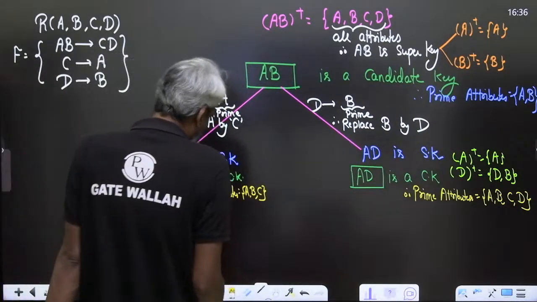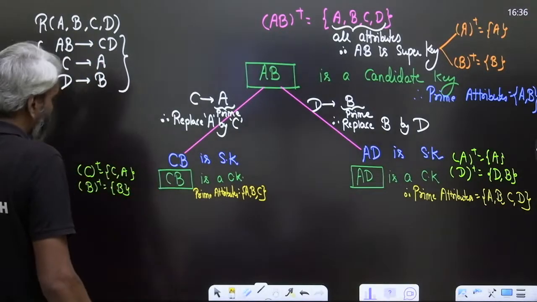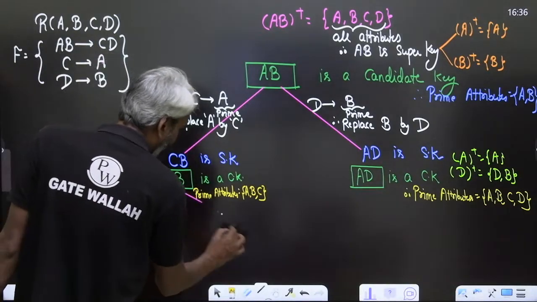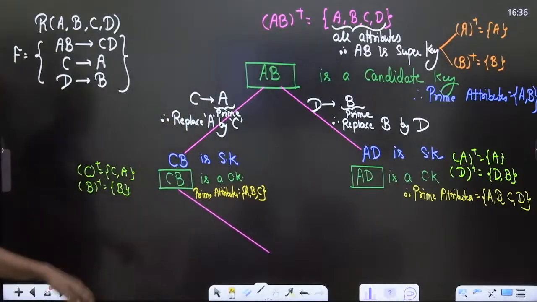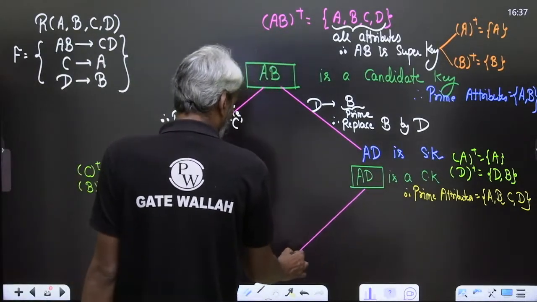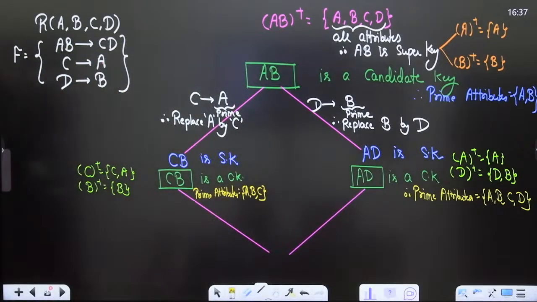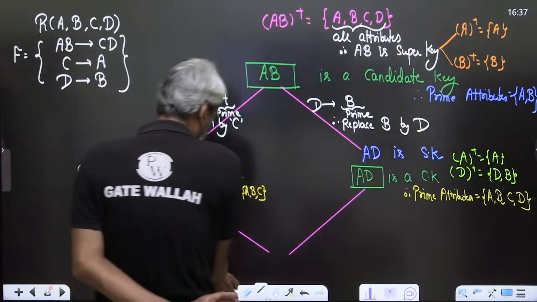Now in this FD, forget about C, but B is still in the right hand side part. So can I replace B by D? Here, C implies A, therefore we can still replace A by C. So there are two possibilities.